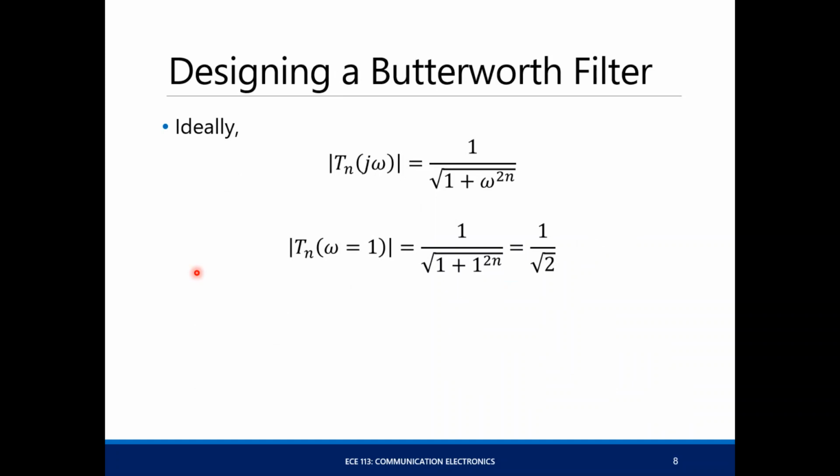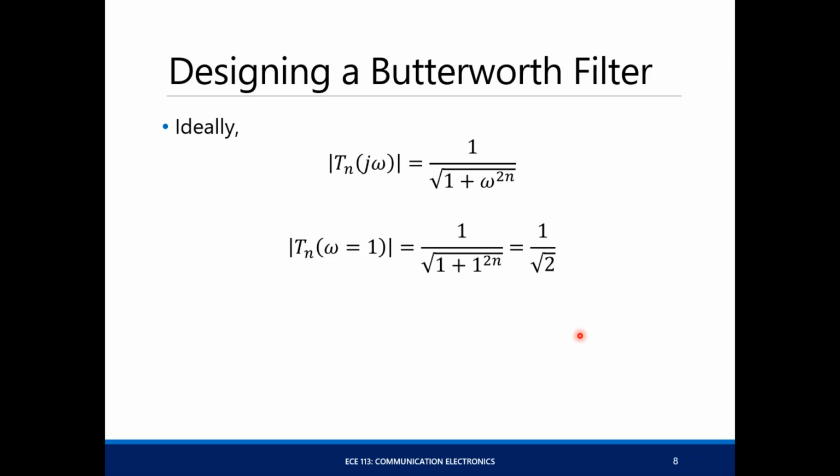Ideally then, for your Butterworth filter, this is the square of the magnitude. You take the square root of that, you get 1 over square root of 1 plus omega raised to 2n. If omega is 1, let's say your filter is normalized to some natural frequency or cutoff frequency omega sub 0, you have your cutoff.